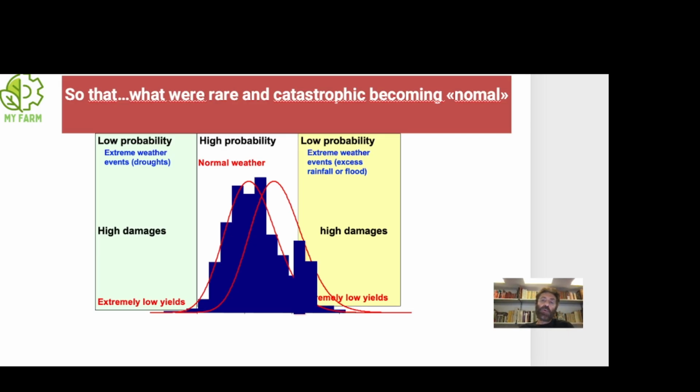So if we could summarize, what were catastrophic events, of course, for farmers and for territories around the world, are becoming normal. Becoming normal means that we cannot rely just on the observation of the past trend of weather conditions. So we have a very, very different distribution of probability in the future for extreme events compared to what we called in the past normal weather.